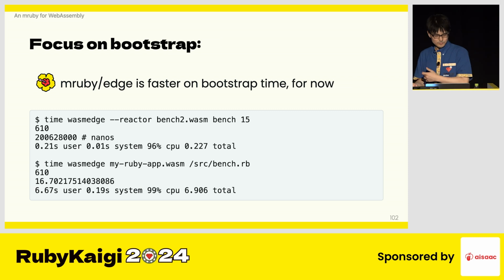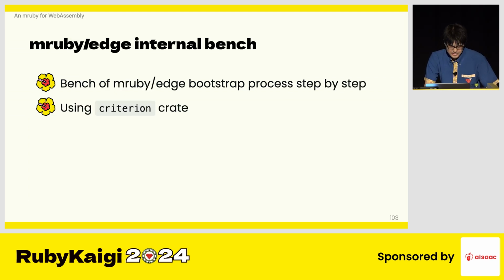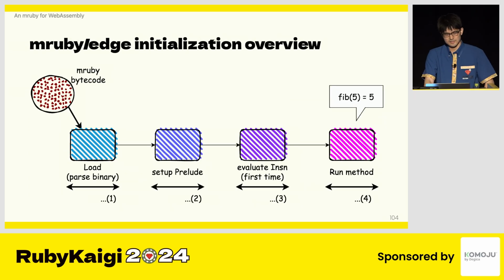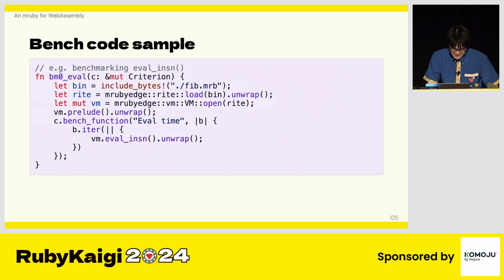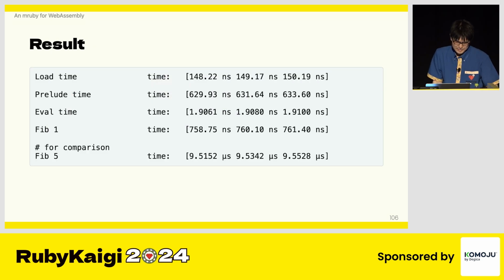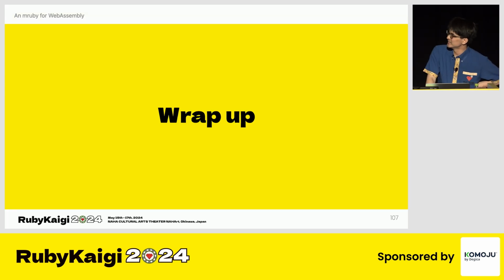WasmEdge invokes in 2000 milliseconds, but Ruby wasm requires about 7 seconds. And I have an internal bench step by step, and the result is just here. Sorry, I'm going to hurry up.